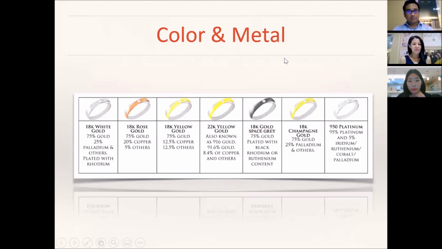Yes, this is a different content. Whenever we say 18K, if your math is good, it is 18 divided by 24 times 100, and what do you get? 75. Well done. So it's 75% of gold content.